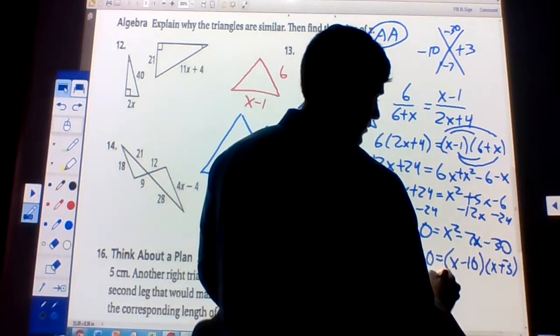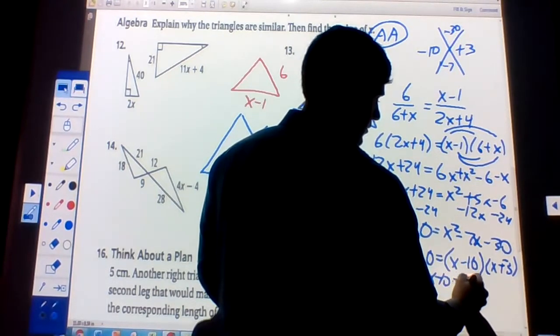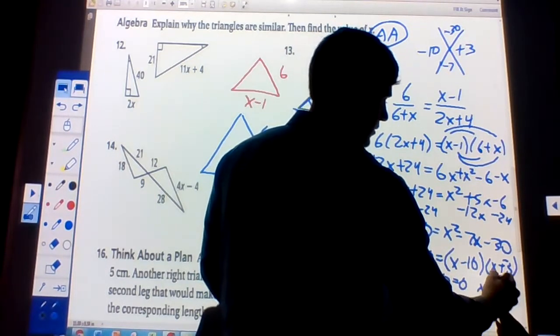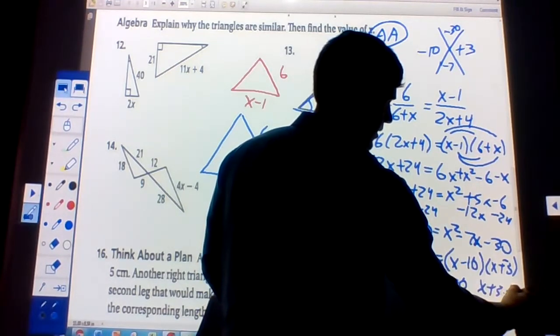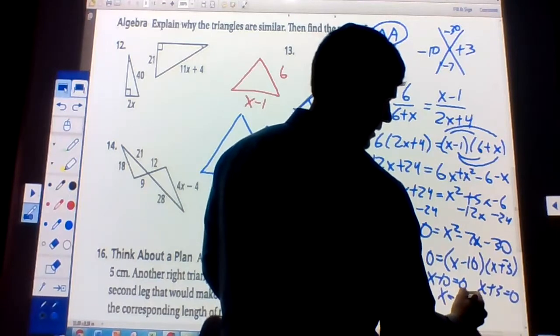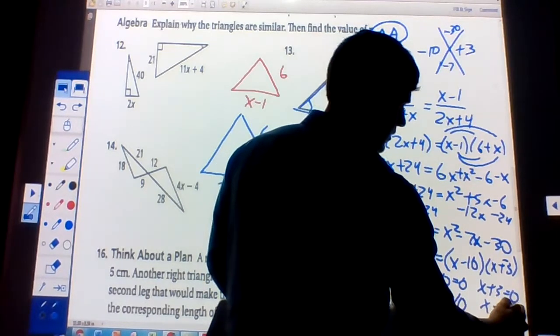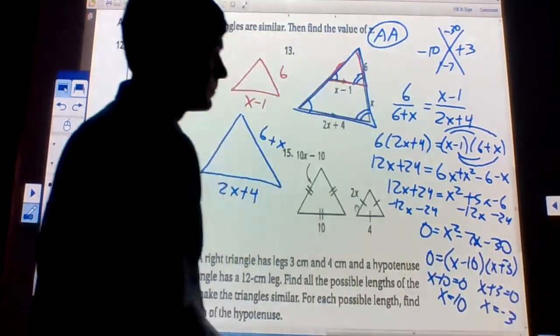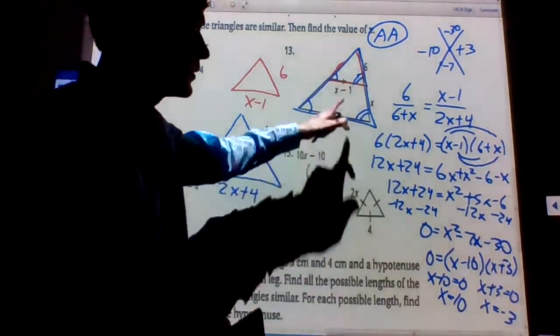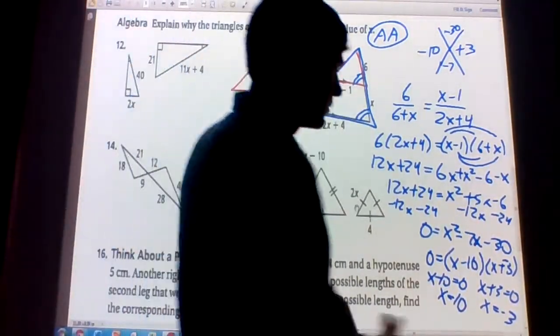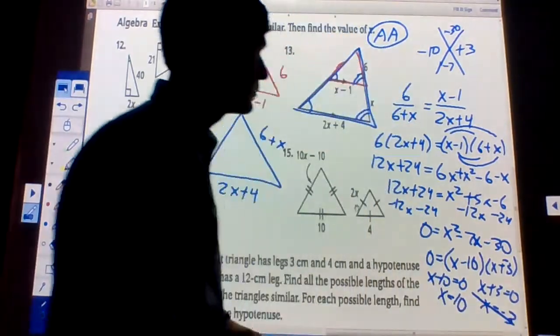You set each of those equal to 0, so x minus 10 equals 0, x plus 3 equals 0, so x is going to be 10, or x is going to be negative 3. If you plug in negative 3 here, you're going to get a negative length, so we don't want to use the negative one, so we're going to use the positive one.